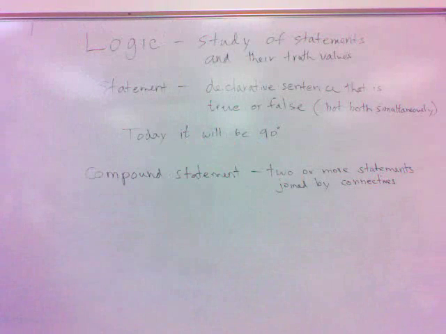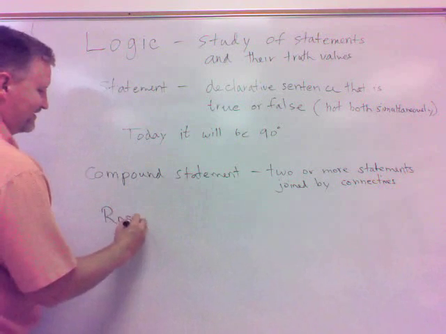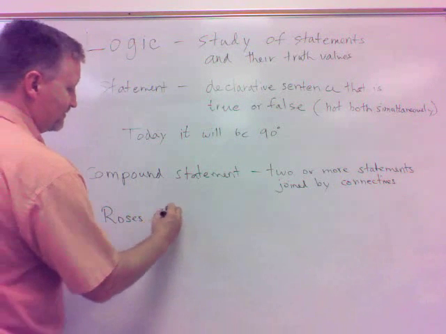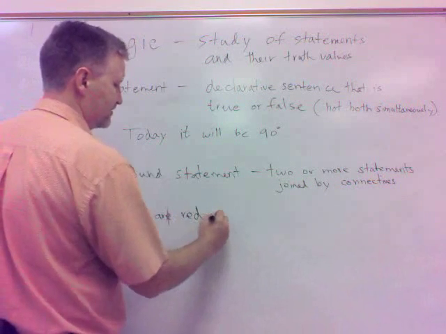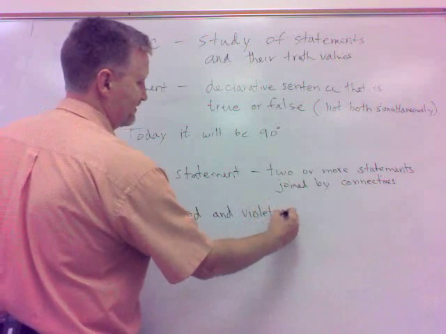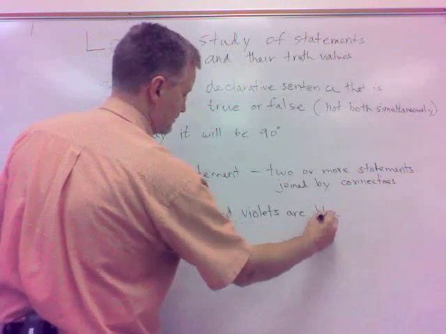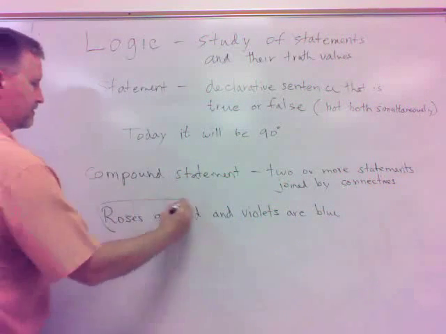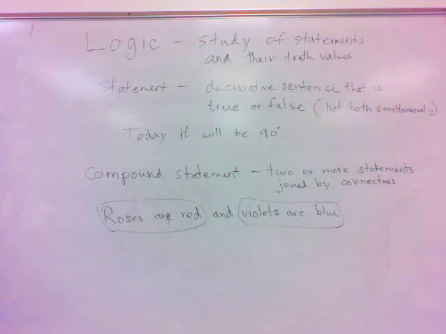A good example of that would be the famous statement, roses are red and violets are blue. Well, that's two statements, isn't it? Roses are red and violets are blue. Two distinct statements, and they're joined together.